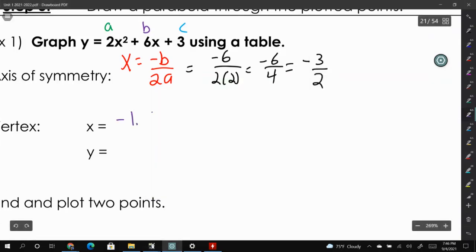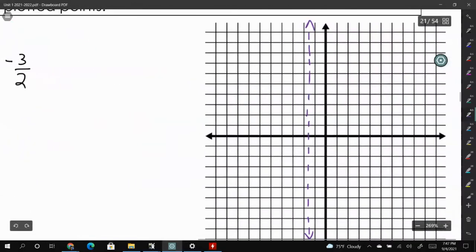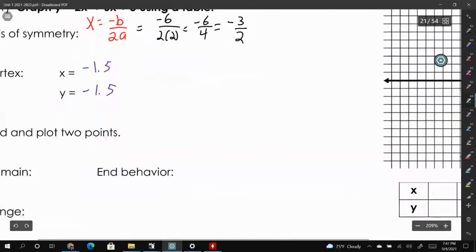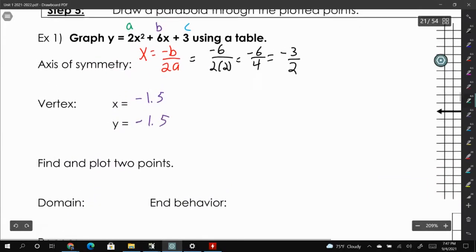So negative 1.5 was the x value, and negative 1.5 was also the y value. Okay, so then over here, negative 1.5, negative 1.5. So here is my vertex.